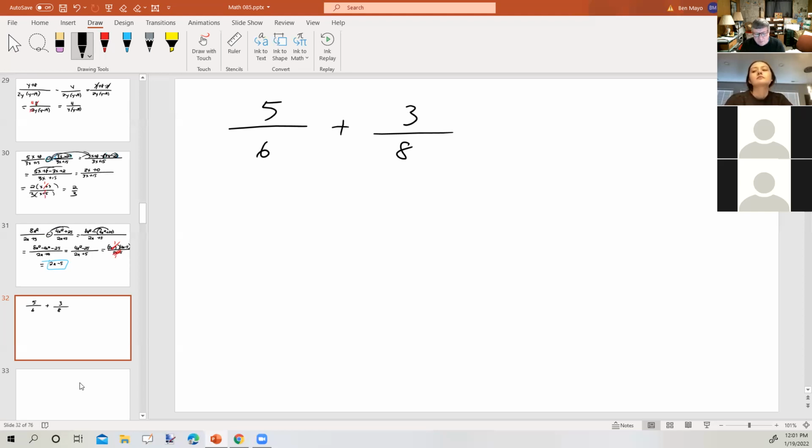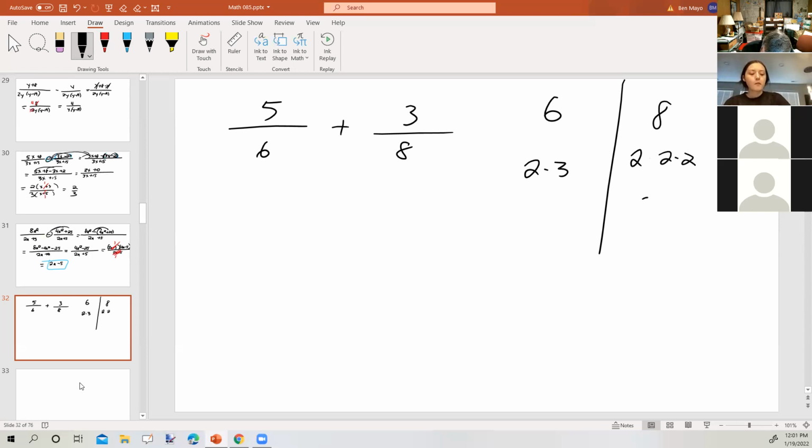So let me remind you of the process you go through if you can't just see it. To find the least common denominator, you do the prime factorization of each denominator. 6 is 2 times 3, 8 is 2 cubed.